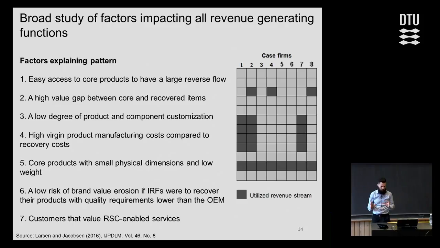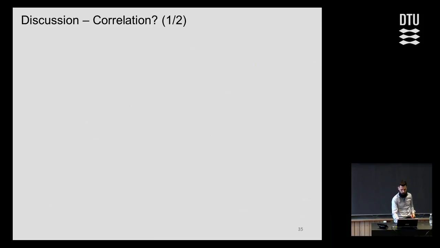This is the case if independent recovery firms recover the firm's products with lower quality requirements than the OEM, then the customers of those products might associate the bad quality with the OEM rather than the independent recovery firm. So if that risk is high, then the firm will not sell initially to independent recovery firms. And the 7th one, customers that value reverse supply chain enabled services will be more likely to utilize these streams.